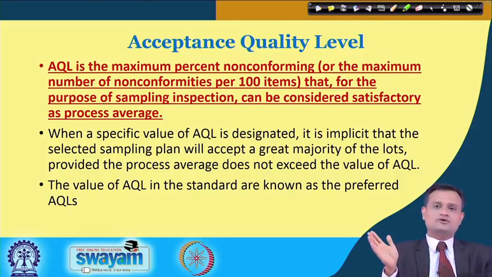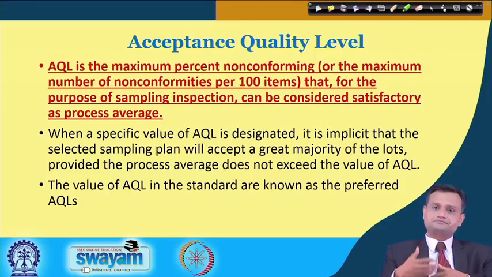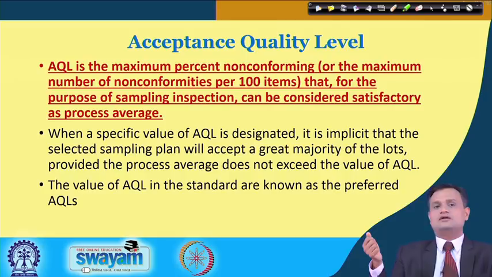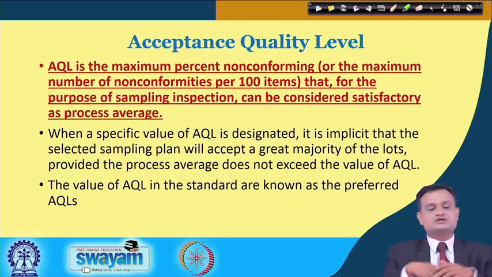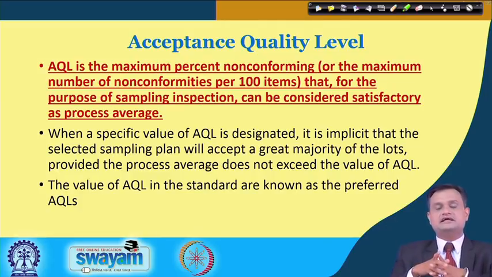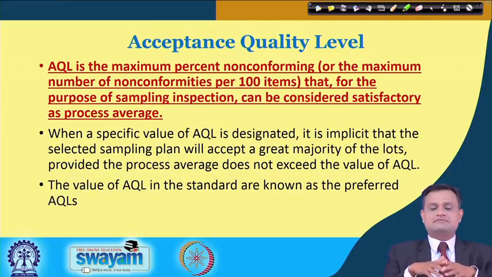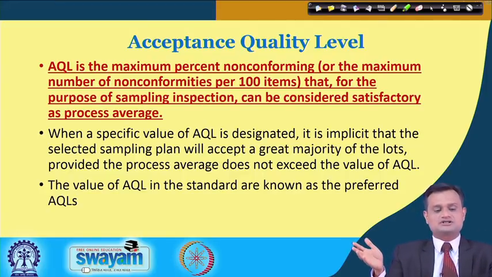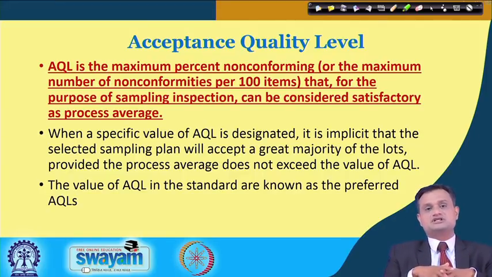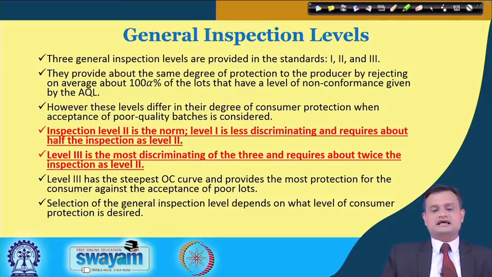So far we were only using AQL, but AQL basically is an indication of your process average, and you can use it as a process average. When a specific value of AQL is designated, it is implicit that the selected sampling plan will accept a great majority of the lots provided the process average does not exceed the value of the AQL. So, this is the acceptable quality level.